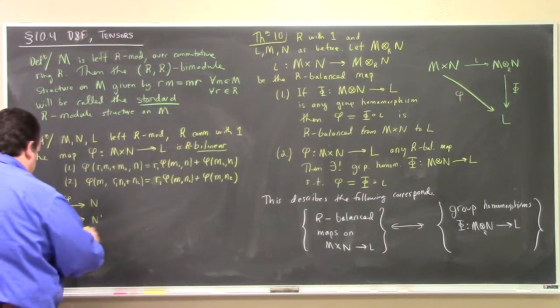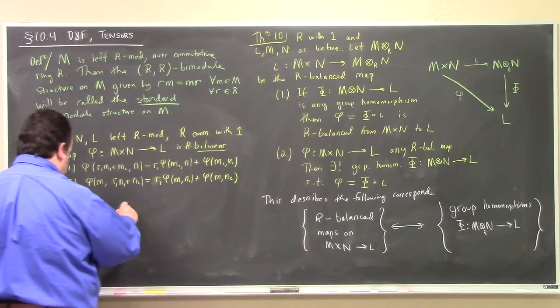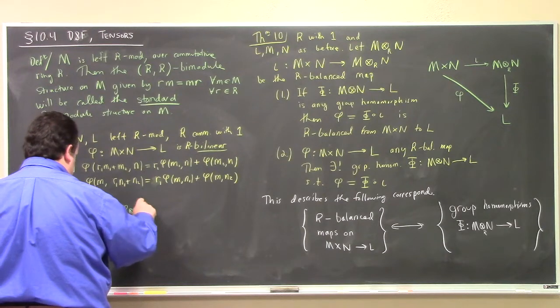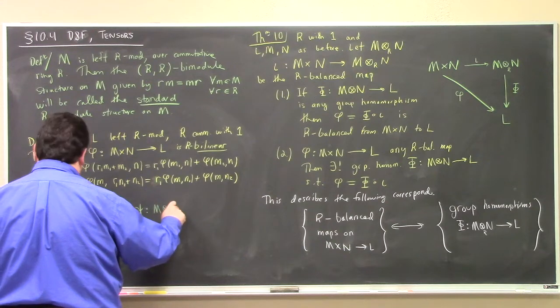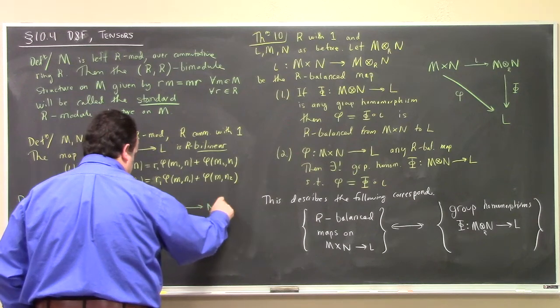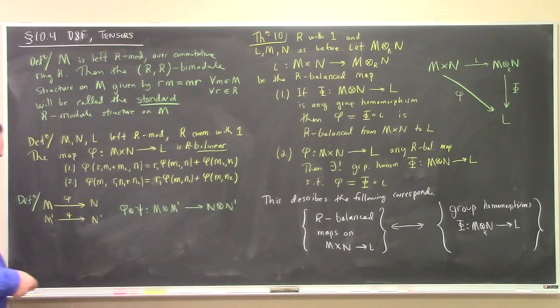These are both R module homomorphisms, right? They preserve the R module structure. Then you can define phi tensor psi from M tensor M prime to N tensor N prime. These are all R tensors.